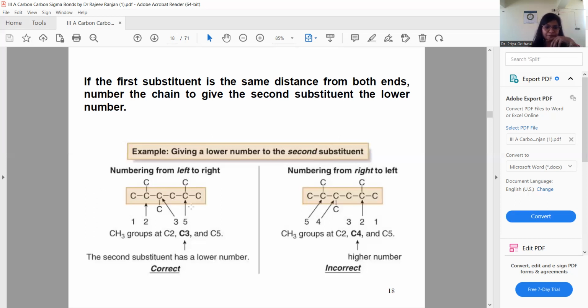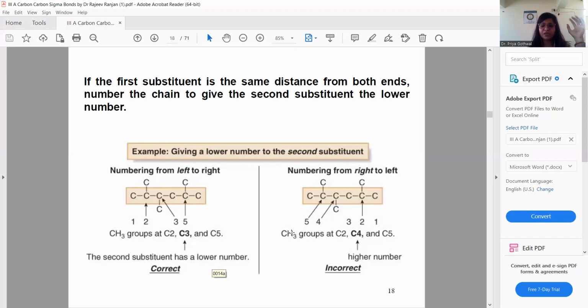For example, if we number from left to right, 1, 2, 3, 4, 5, the CH3 group, this methyl group, is at C2, C3, and C5. The second substituent has a lower number, which is the correct sequence of the numbering.